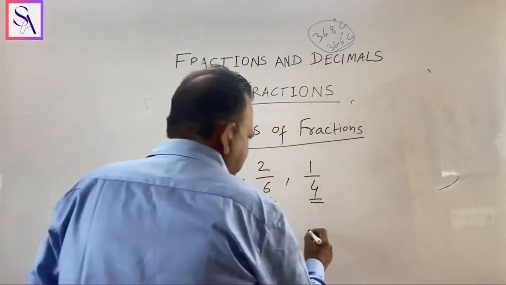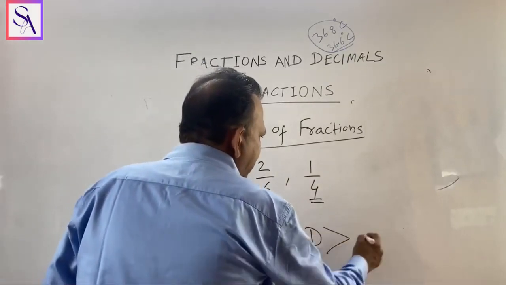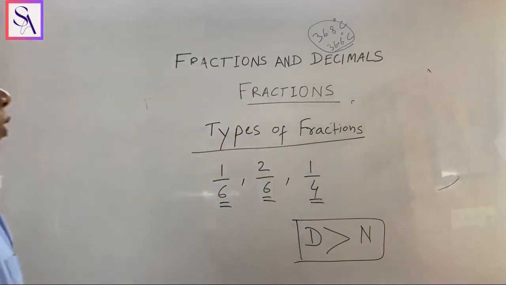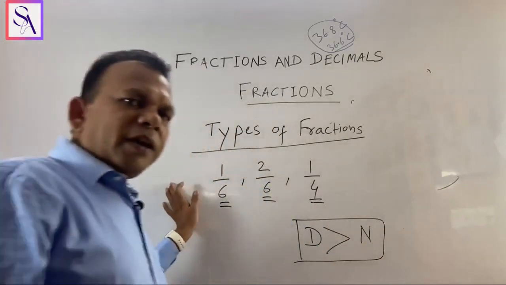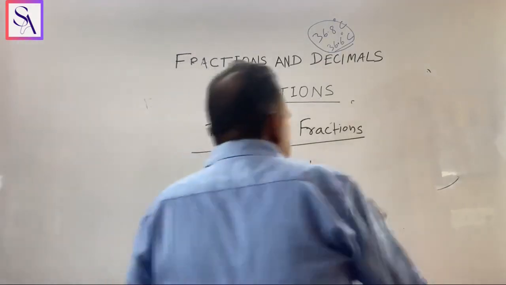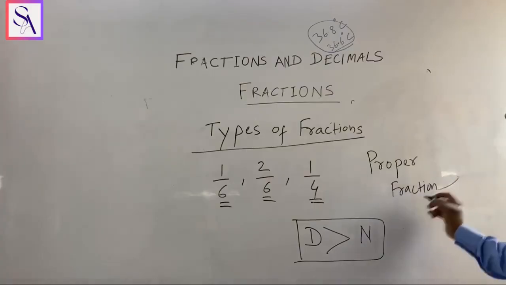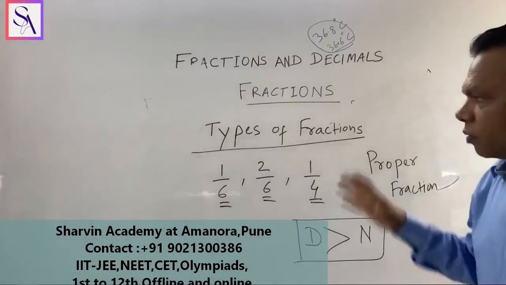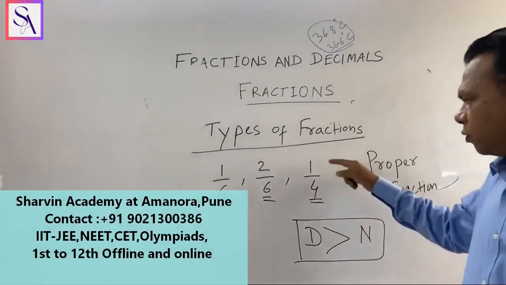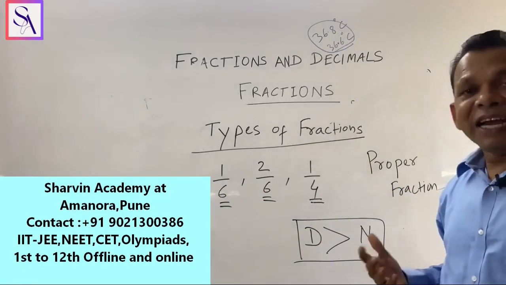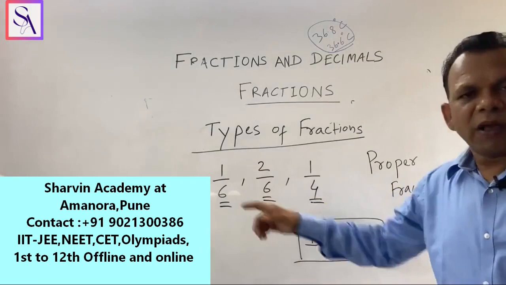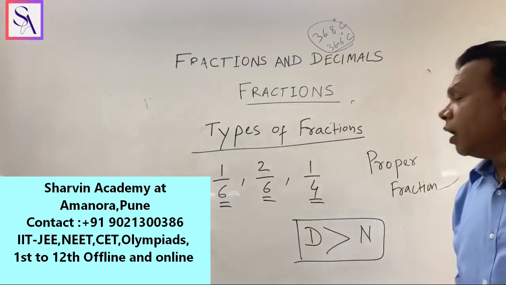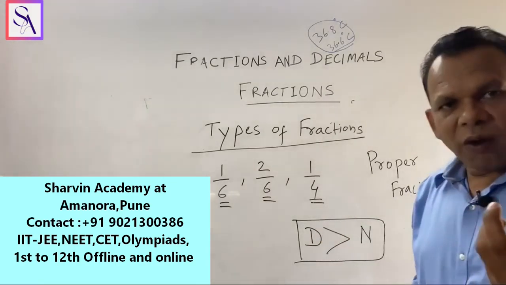So can I write like this? Denominator is greater than numerator, right? D is greater than n. So this type of fraction is called proper fraction, because this is proper. Why proper? Because 1/4 pizza, we know out of 4 pieces, 1 piece is 1/4. So we can easily understand that. 1/6 of pizza, we can easily understand that 6 pieces have been made, and out of that 1 has been taken out for me.